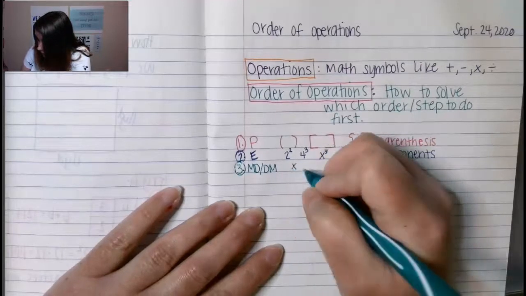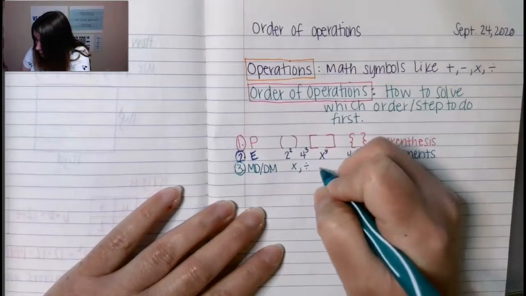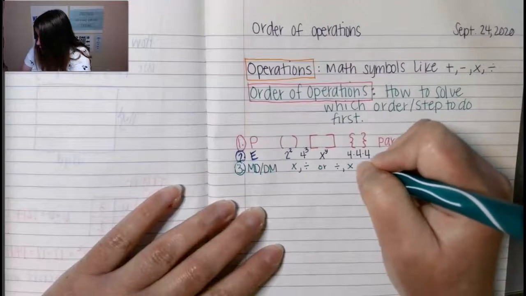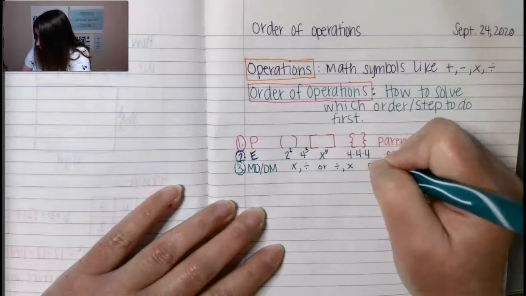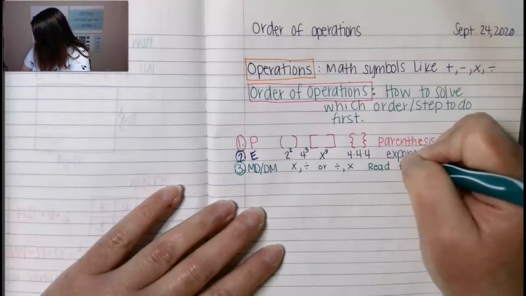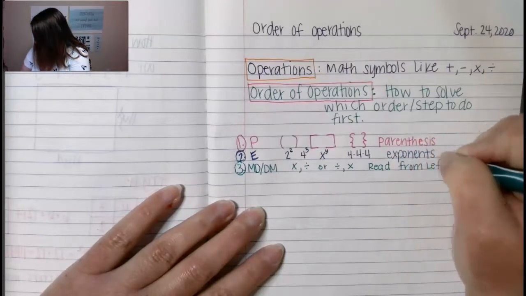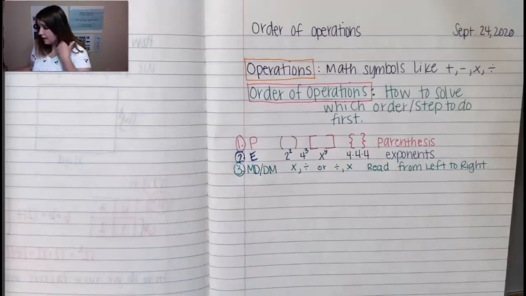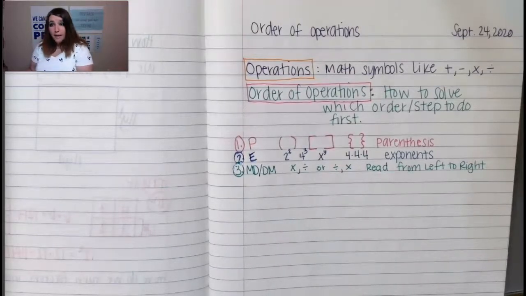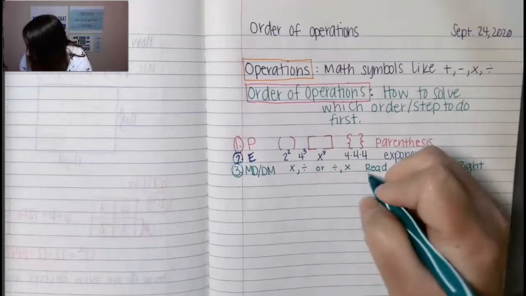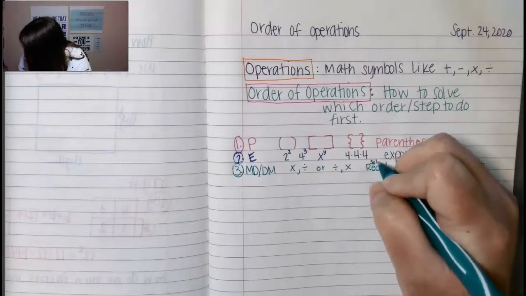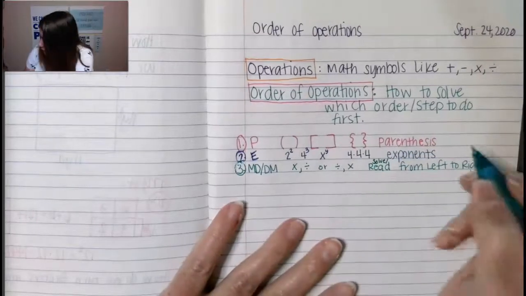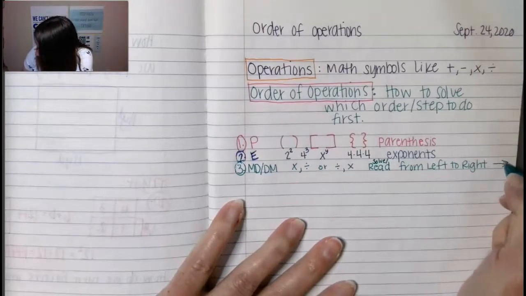So we're going to look for either multiplication or division, or we can look for division or multiplication. But we are going to read it from left to right. So that's how we're going to solve it, left to right. So read and solve left to right. I'm going to put read and I'll put solve above it because I want you to solve it as well. Solve and read from left to right. So I'm going to draw a little arrow too. Let's draw an arrow. That will help us to remember.